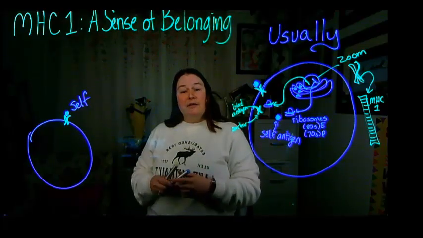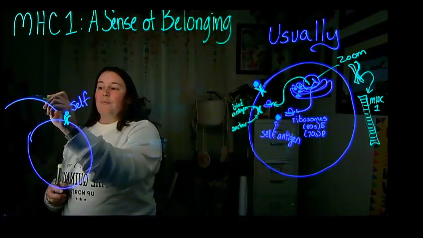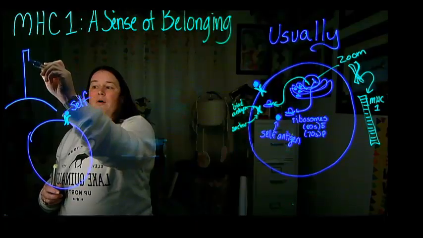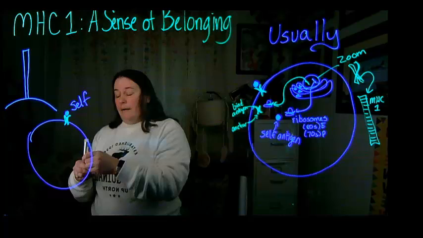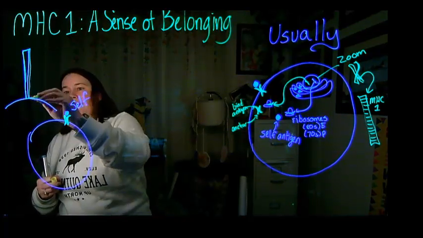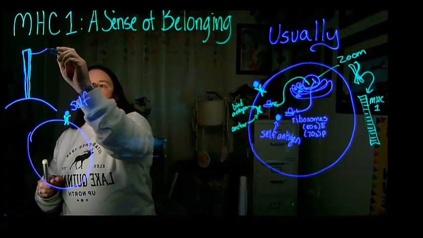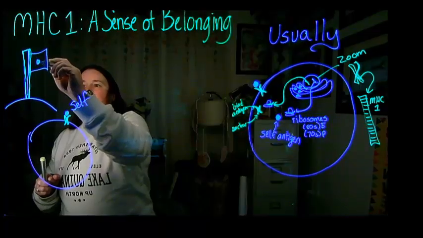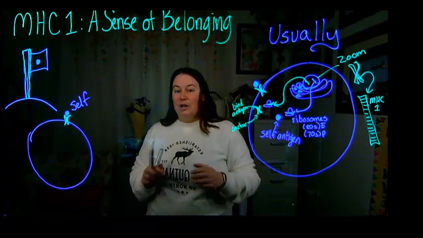If I think about this, here's the bottom of my cell, and I can think about these MHC1 markers as a type of flagpole. Should have drawn that here in this color. We're going to think about it as a flagpole. And then off the surface of that flagpole is going to be the flag that carries the antigen that allows other cells to recognize each other if they are all communally part of the same body.